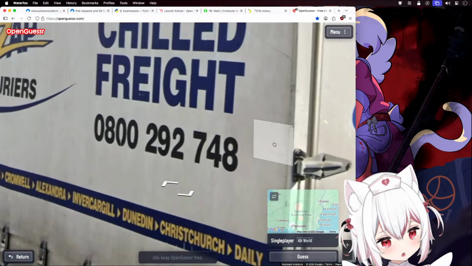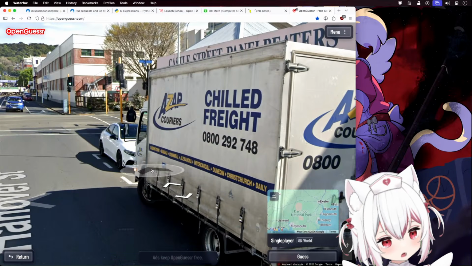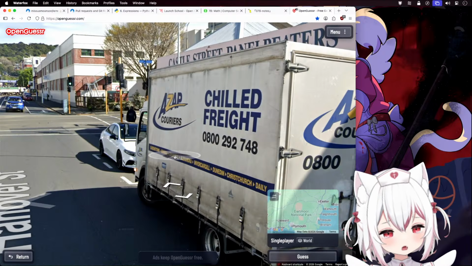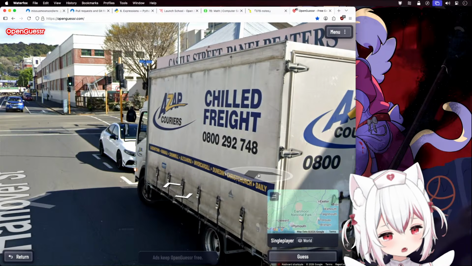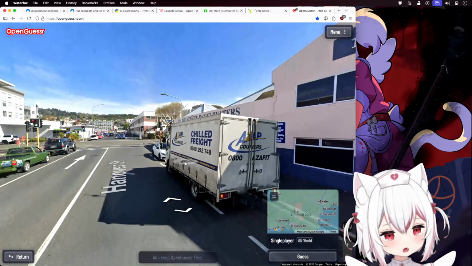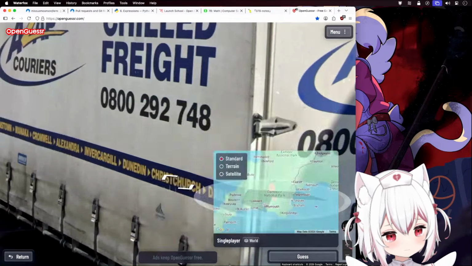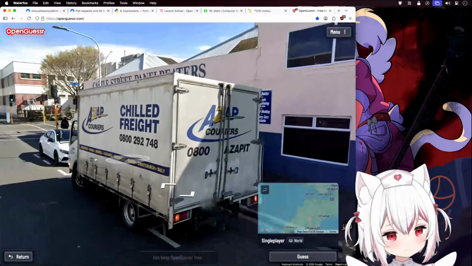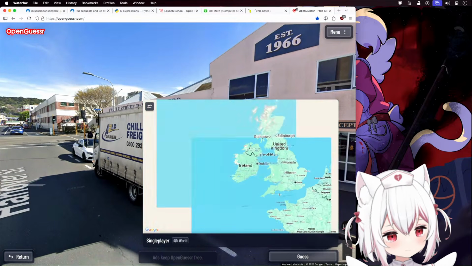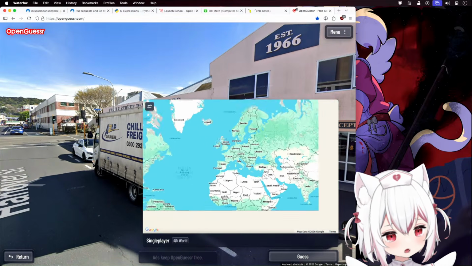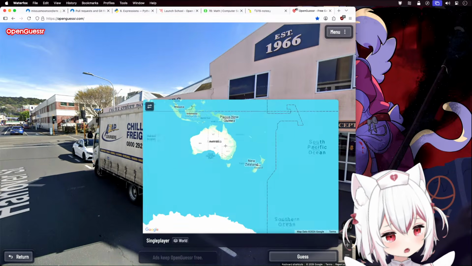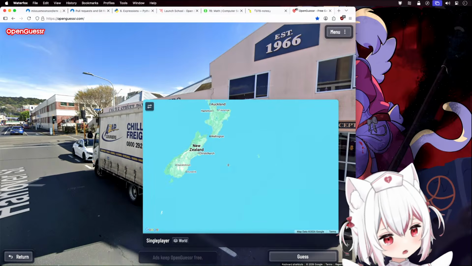Greenstown, Waka Waka, Crowell, Alexandria, Dundon, Christchurch. It's in Australia? It can't be. Isn't Christchurch in like New Zealand? Am I making that up? No, look, right here, it's Christchurch.